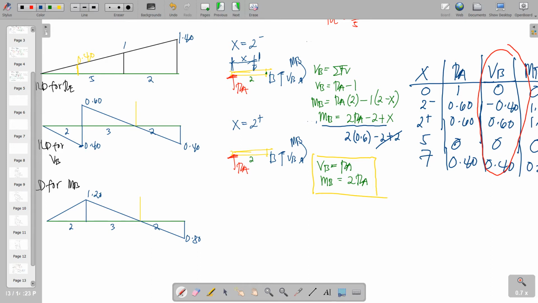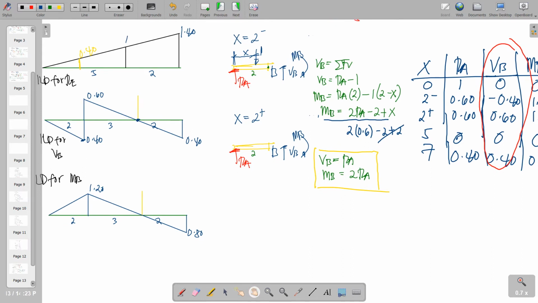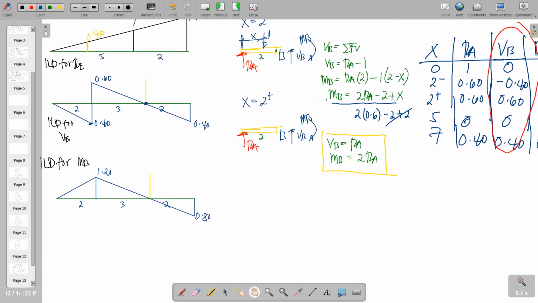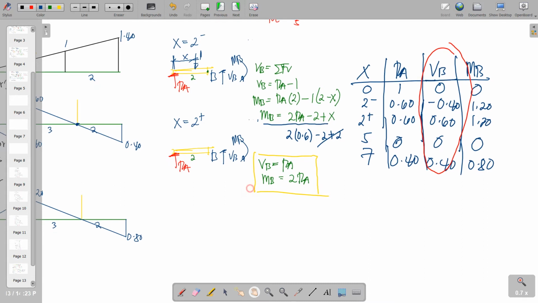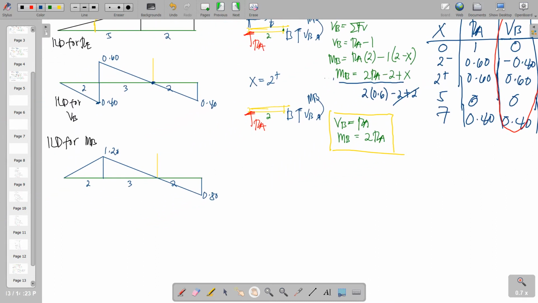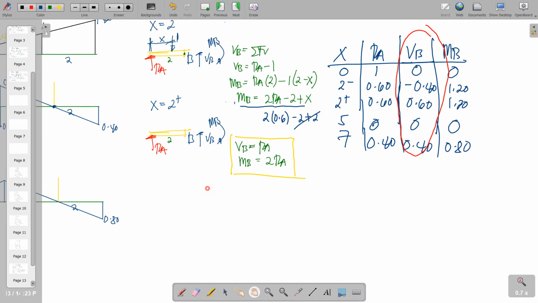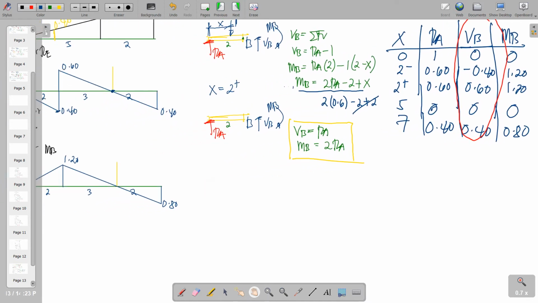And then x is equal to 5, our shear is 0, so here it is. And x is equal to 7, our value is 0.4, so here it is. And ILD for MB, you can see here, started at 0. So 2 minus and 2 plus is both 1.2. X is equal to 5, 0. And x is equal to 7, 0.8.